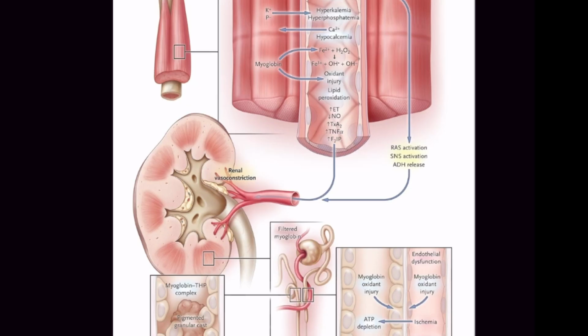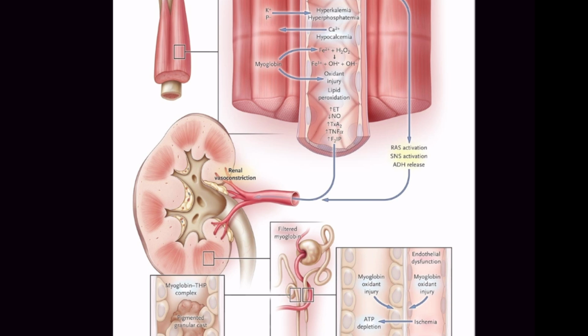Correct. So moving on to the pathophysiology behind this injury, myoglobin is directly toxic to the kidney, particularly to the renal tubular epithelial cells, and is a central mediator of acute kidney injury in rhabdomyolysis. Myoglobin released from damaged muscle is freely filtered by the glomerulus and accumulates in the renal tubules, where it exerts toxicity through several mechanisms.